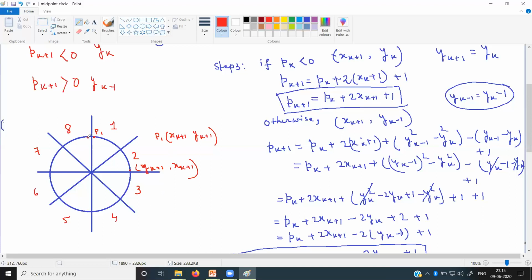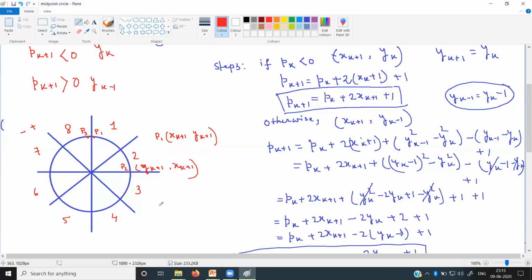If it is the mirror image, here the x value is minus and the y value is plus. What is the point? Point P1 is xk plus 1, y of k plus 1. Better I should rename it. This is P1, this is P2.